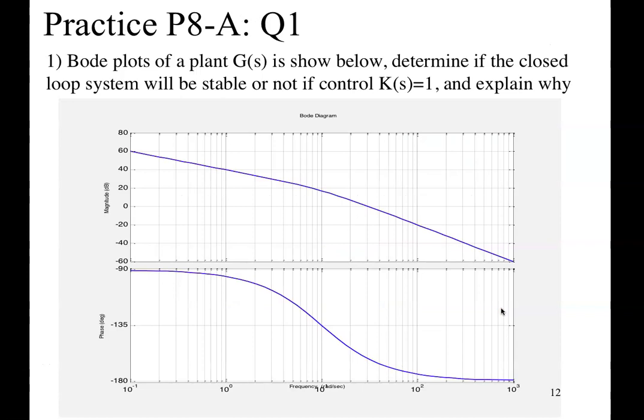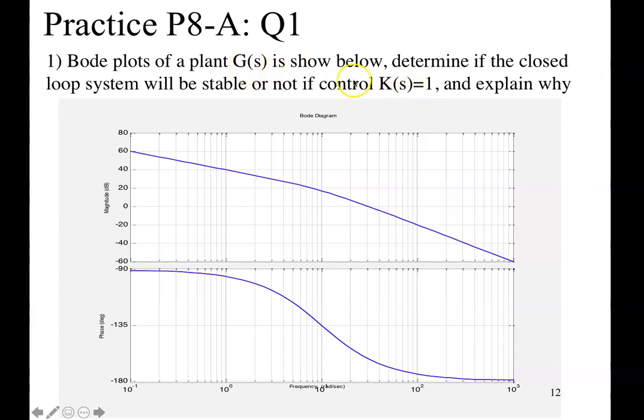Now it's your turn. I've got a couple of block diagrams here. Let me just show you a little bit more, expand a little bit before you go away and do it. This diagram is a Bode plot, the magnitude and phase of the plant G(s). And it does not include K(s) in there. But what I said here is, assume K(s) equals 1.